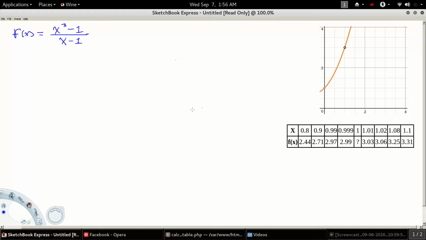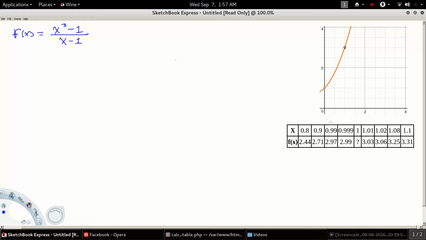So we're plugging in different x values into this function and seeing what comes up. If you plug in 0.8, you get 2.44. If you plug in 0.9, you get 2.71, and so on.